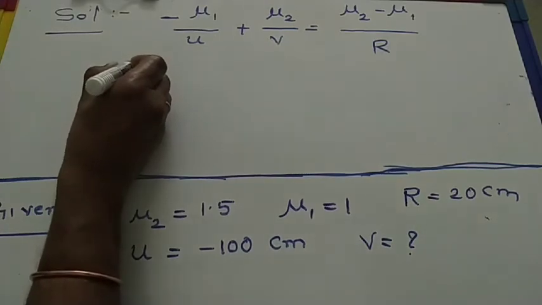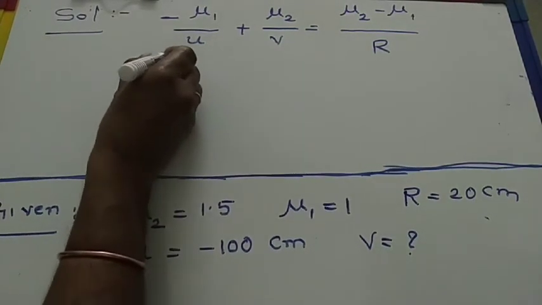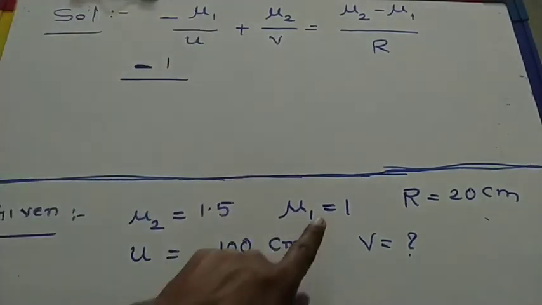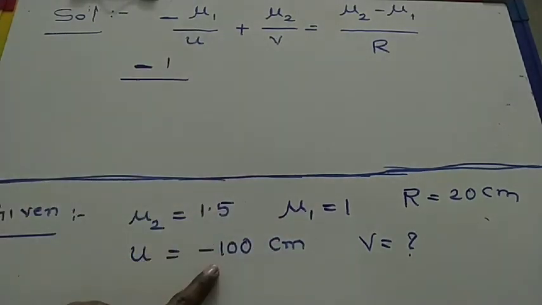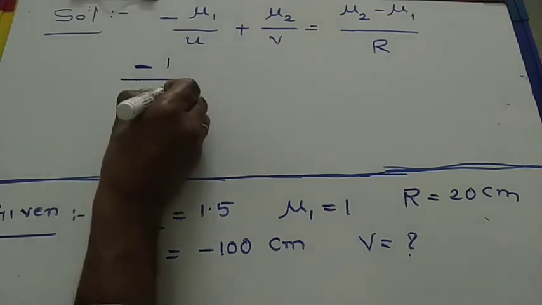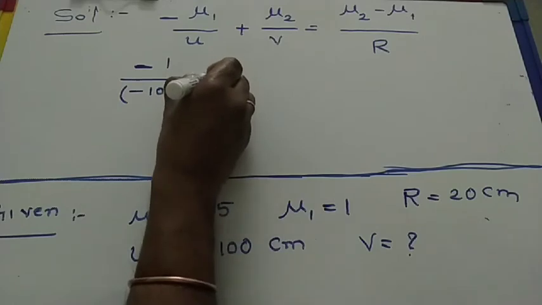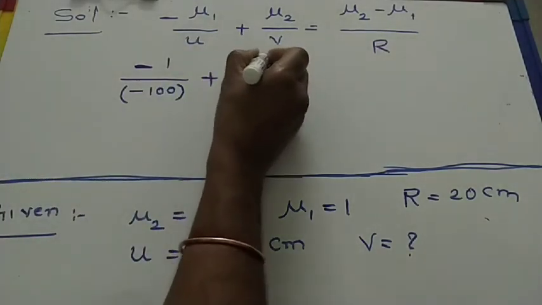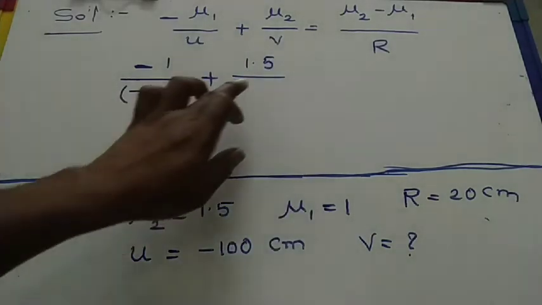Minus 1 by u, mu1 is equal to 1, remember that point. What is u? U is equal to minus 100, plus what is mu2? 1.5 whole by what is v?